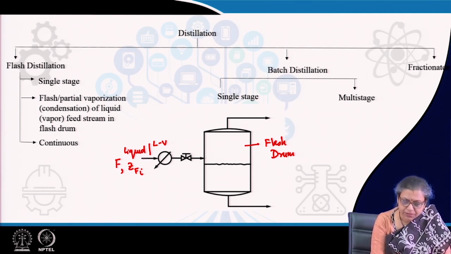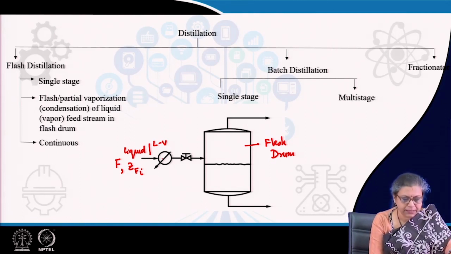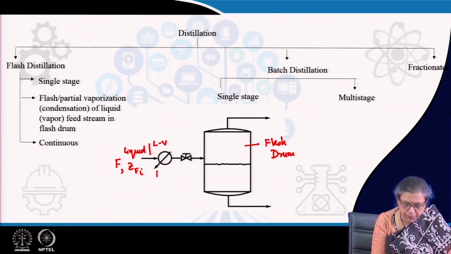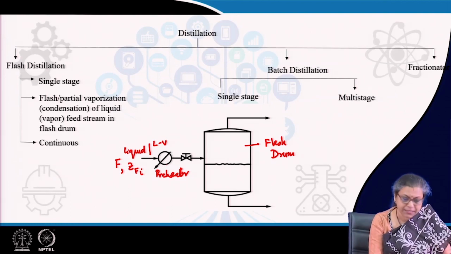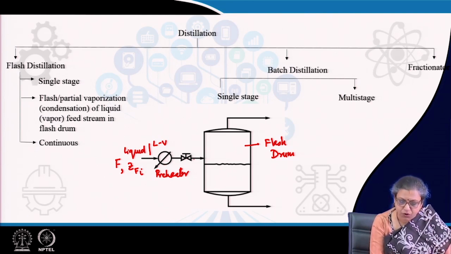Now, generally the liquid feed is passed through a preheater, and from the preheater it gets heated to an extent where it is almost at saturated conditions, but we try to ensure that the phase separation does not occur here. After that, the feed is throttled across a throttling valve and introduced into the flash drum.